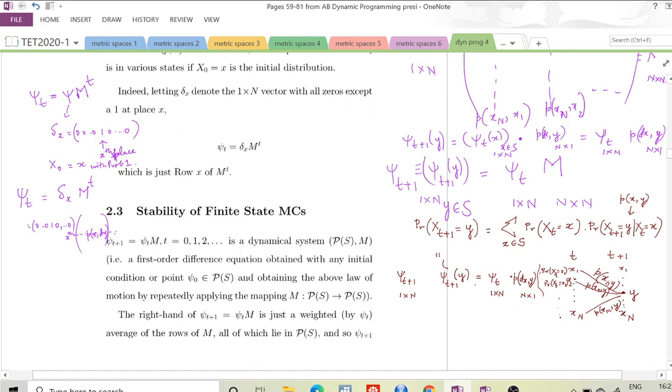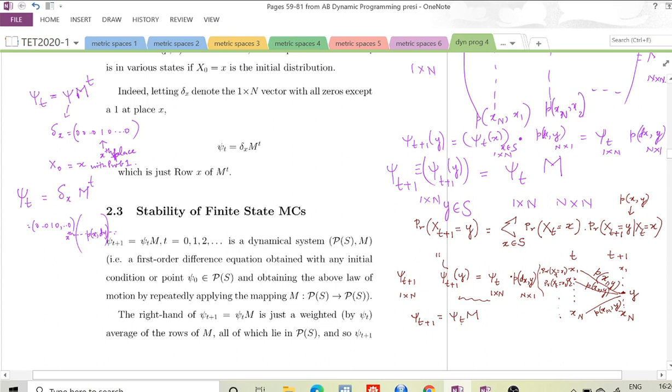And then if we collect these for all possible realizations y at time t+1, we get, you could say, a first order difference equation, which is c_{t+1} equals c_t times the transition matrix M. The transition matrix M has as its yth column the p(dx,y) vector, right?